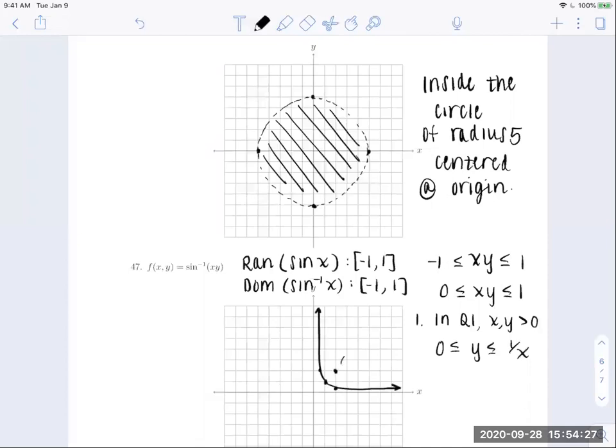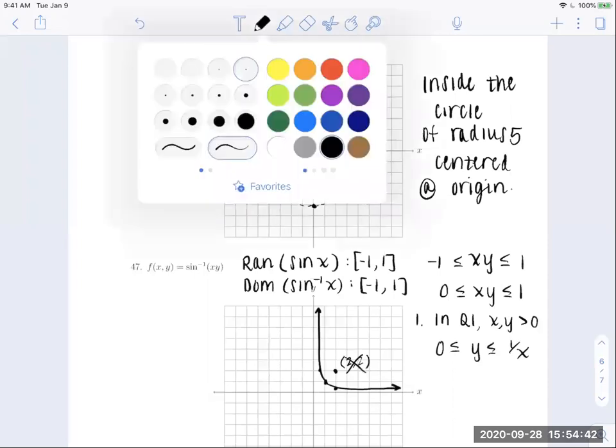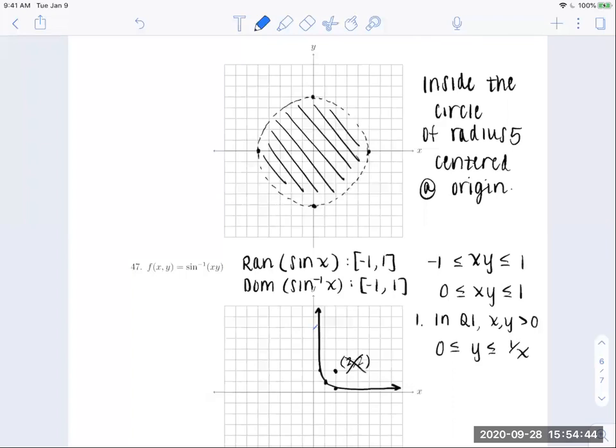So let's just pick the point 2, 2 and see if it satisfies this inequality. If I plug in 2 for y and 2 for x, it would say that 2 is less than or equal to 1/2. That's not true, so I'm going to shade on the other side of this line, that is this inner part. Remember, I'm only looking at the first quadrant right now.